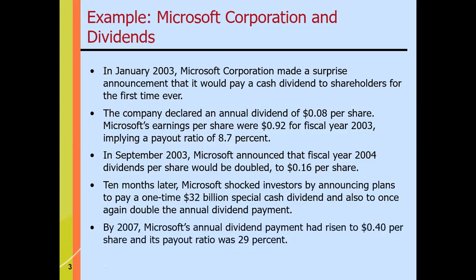So we would say there's a story behind that. Microsoft was very successful. By 2007, annual dividend payment had risen to $0.40 per share and its payout ratio was 29%. So from 0.08 to 0.16 to 0.40, and the payout ratio from 8.7% to now 29%. Of course, that's 2007.